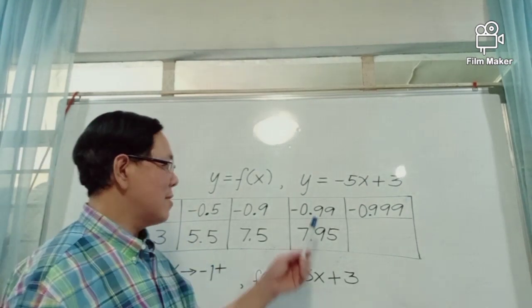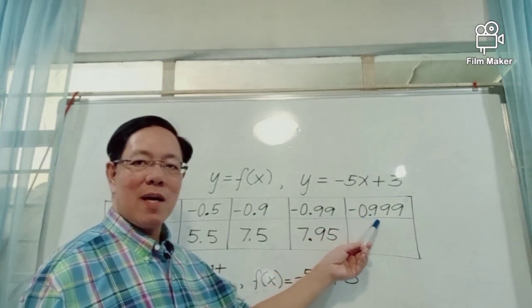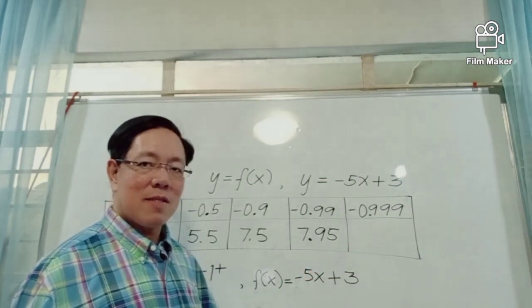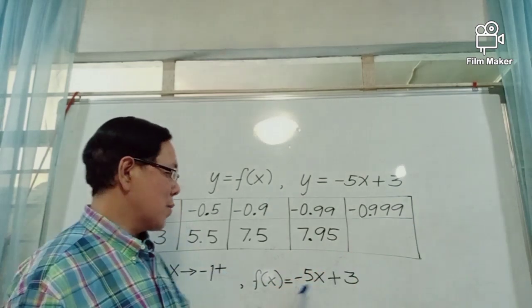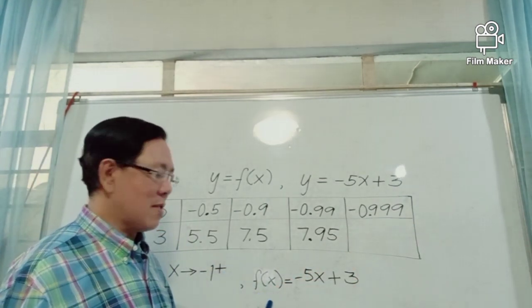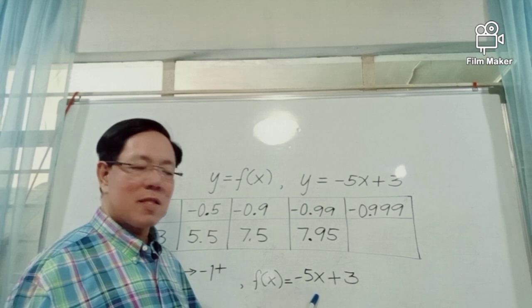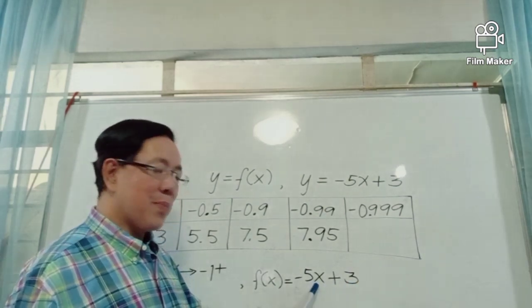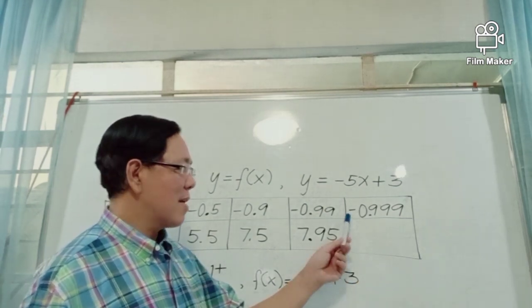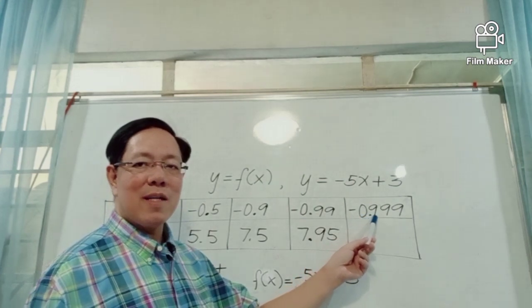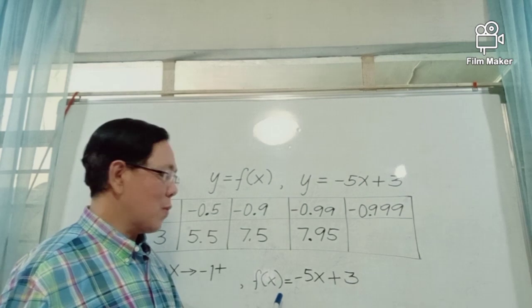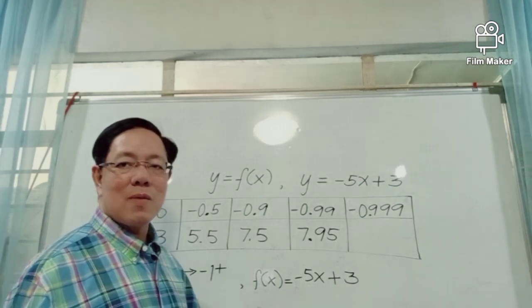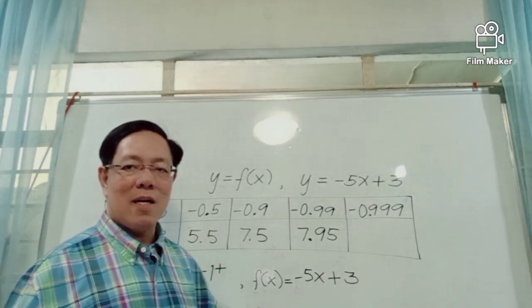Next, we assign negative 0.999 to x, and we substitute this value of x into our function f of x equals negative 5x plus 3. Replace x with negative 0.999 to get the value of the function when x equals negative 0.999.